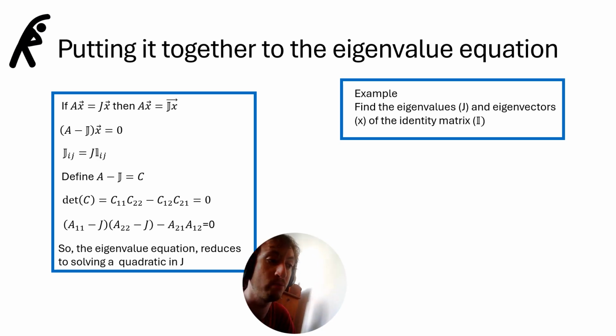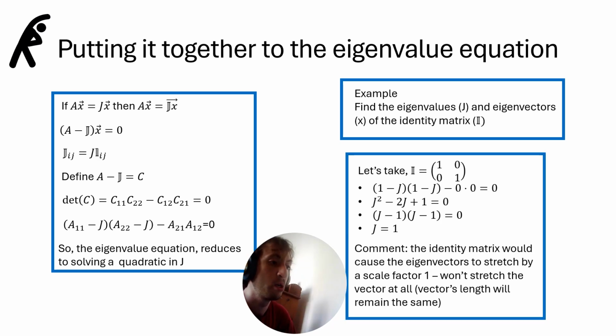Particularly, for example, the identity matrix. So let's have a go at finding the eigenvalues of our identity matrix. And again, we're taking for this video all the matrices A to be 2 by 2 matrices. So our identity matrix is going to be the 2 by 2 identity matrix.